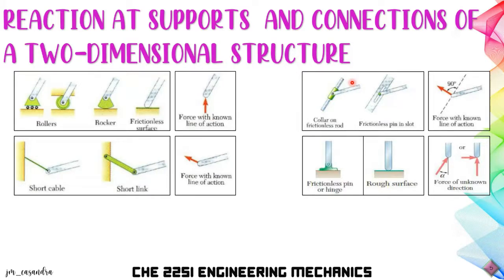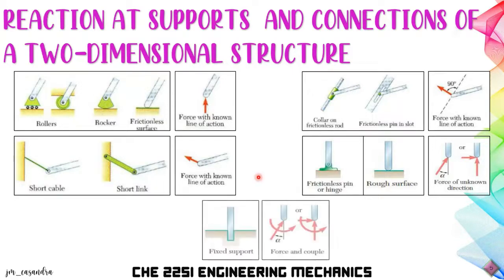Also, for a rough surface, there will be two reactions which are parallel and perpendicular to the surface in contact. For a fixed support, we will have two reactions and one moment: a parallel and a perpendicular force at the point of contact and a single rotation or moment.